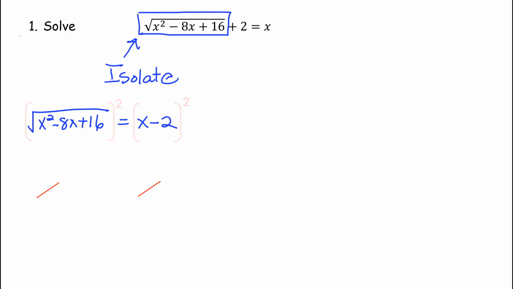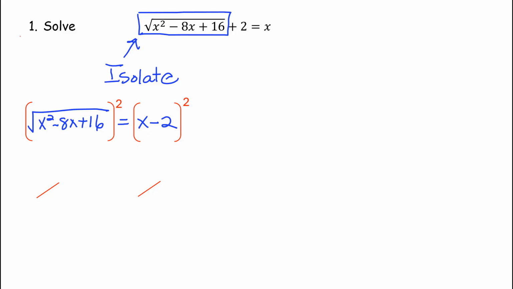Now I need to square both sides of the equation, and when I do that, I have to be careful, especially on the right side, that I am not writing x squared minus 4 for that, because that's not what it equals. It equals x minus 2 times x minus 2, which you have to FOIL.